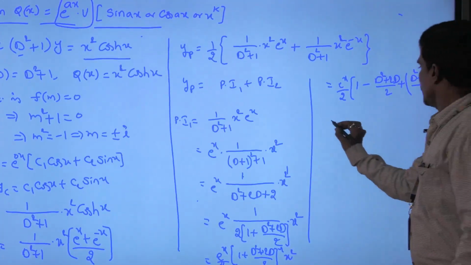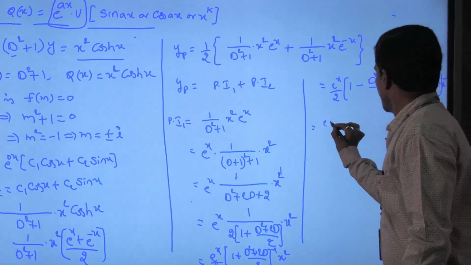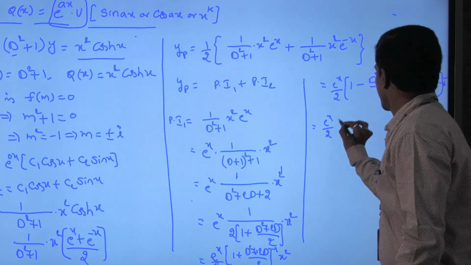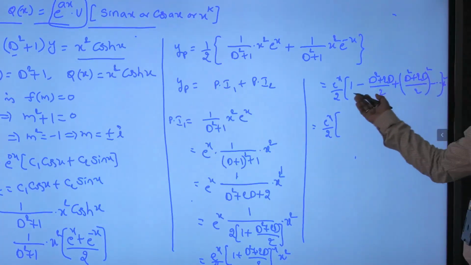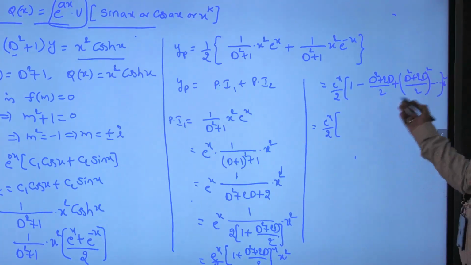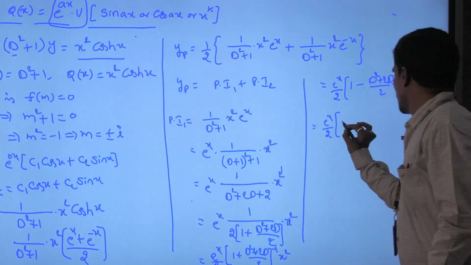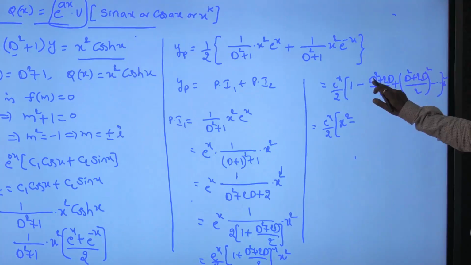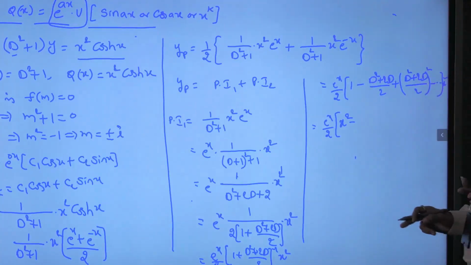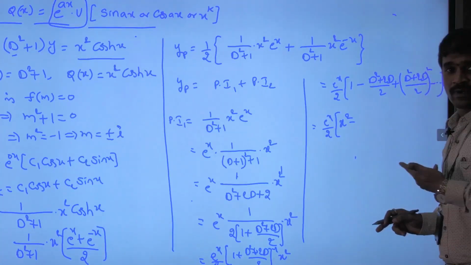Right, now here e^x by 2, after writing the expansion of (1 + D) inverse, then multiply x² with each term. So x² into 1 gives x², minus D² of x². D² means derivative of x² two times.